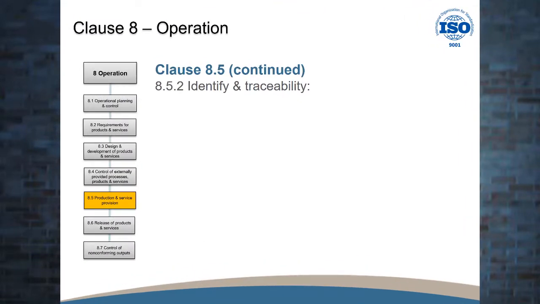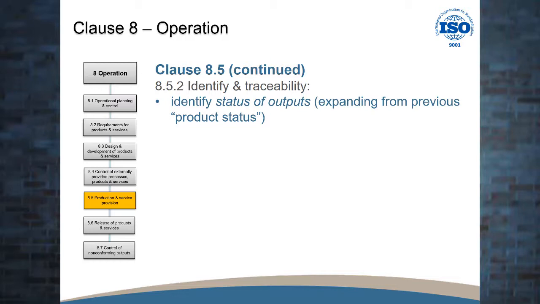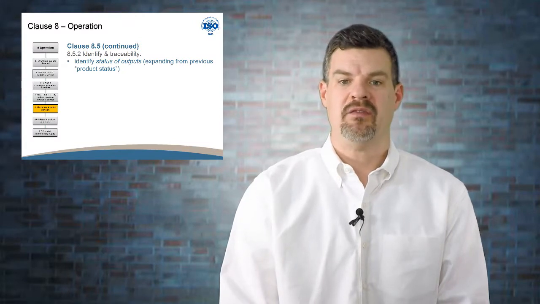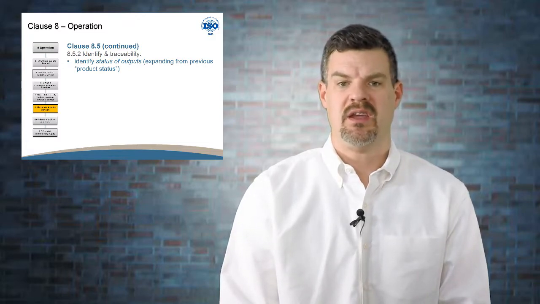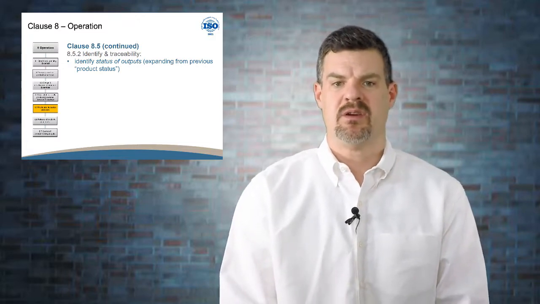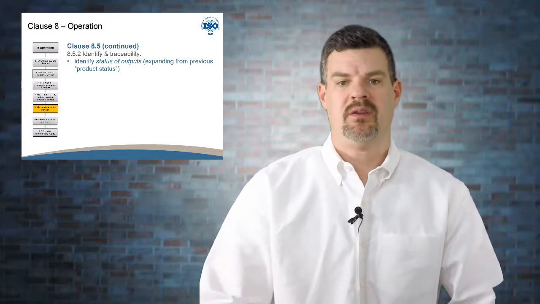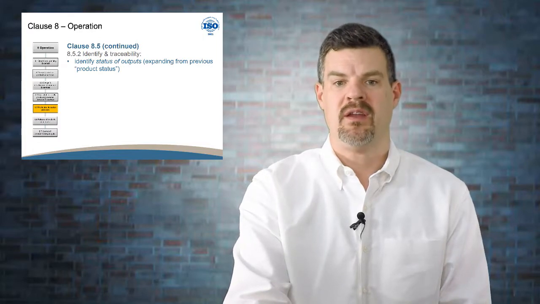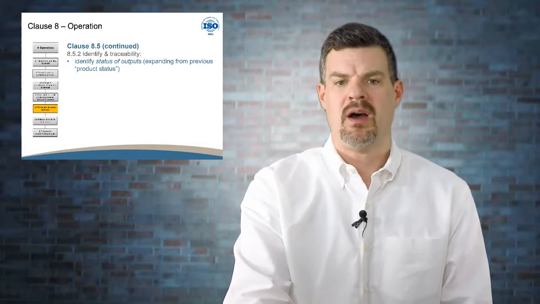8.5.2, identification and traceability. So identify status of outputs. So this used to say product status, and the idea here now is identifying the status of an order, identifying the status of a project that's being reviewed as it goes through, let's say, a development phase. So status of output certainly opens the scope much wider than it did before.